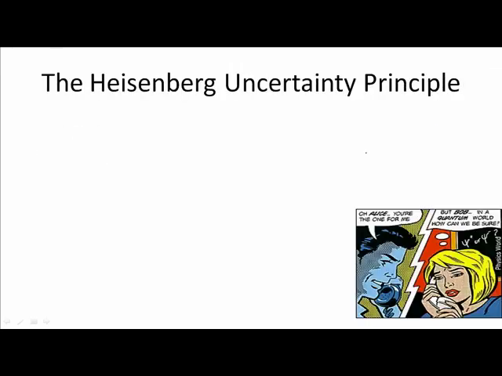So the Heisenberg uncertainty principle essentially says you can't measure the location, so the position, and the momentum of a particle.